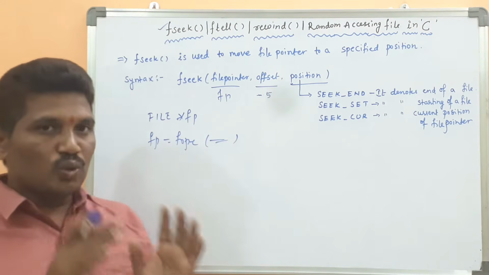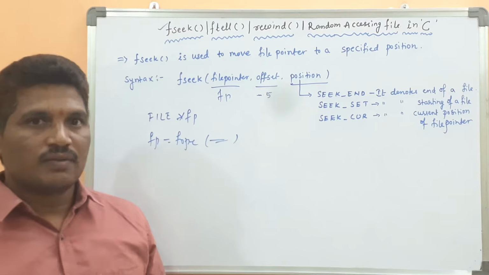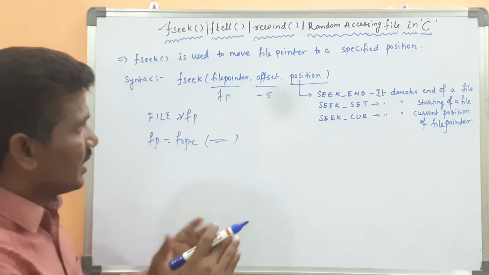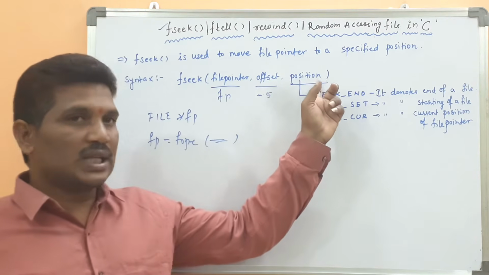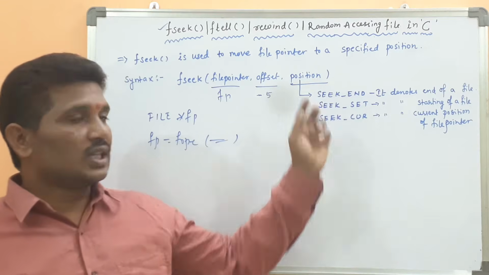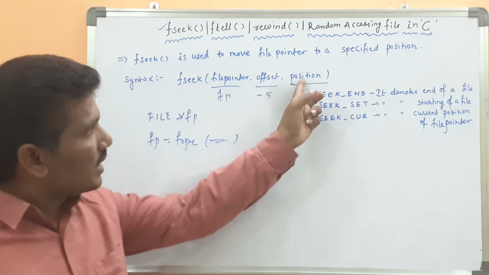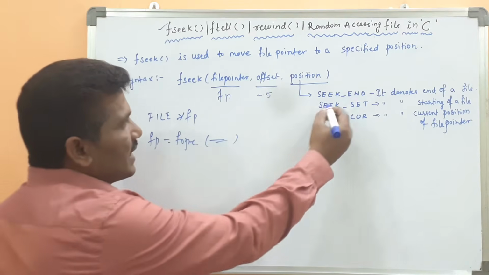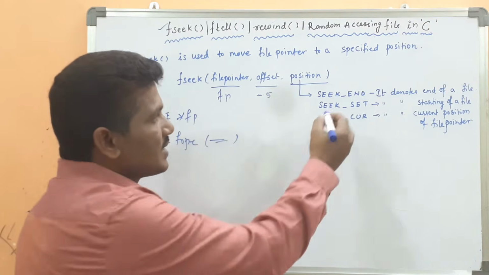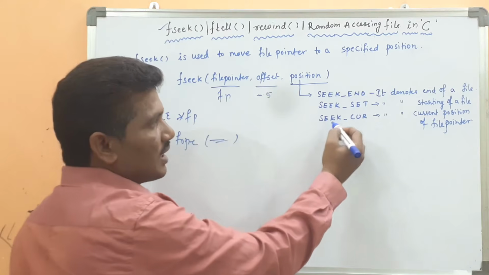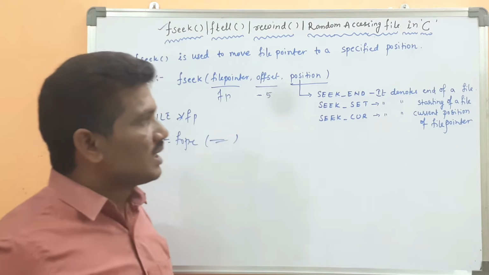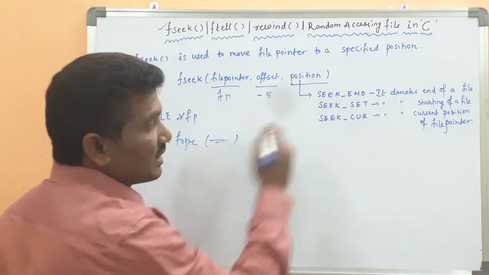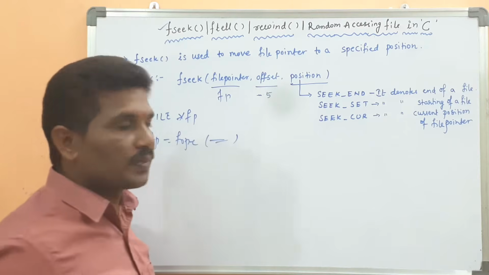Where you want to put the file pointer position is specified with the last argument, which is called the position. Here the position has three constants: SEEK_END, SEEK_SET, and SEEK_CUR, which stands for current.